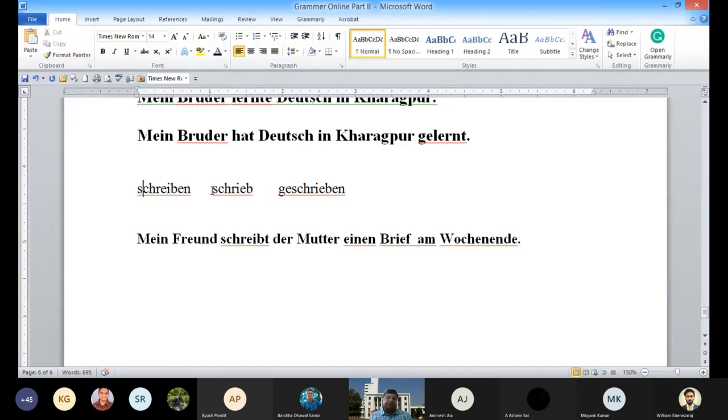Schreiben means to write, schrieb means wrote, and geschrieben means written. To write, wrote, written. These are the three verb forms. So with these given verb forms, now you try to make the Präteritum, that is past tense, and perfect tense.